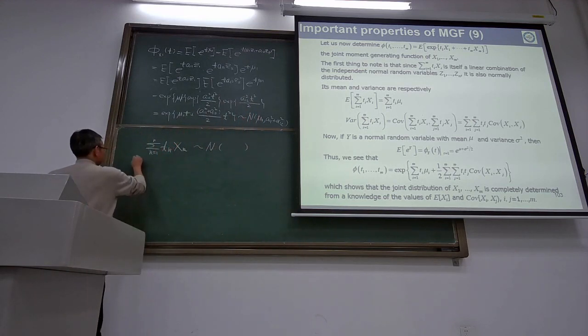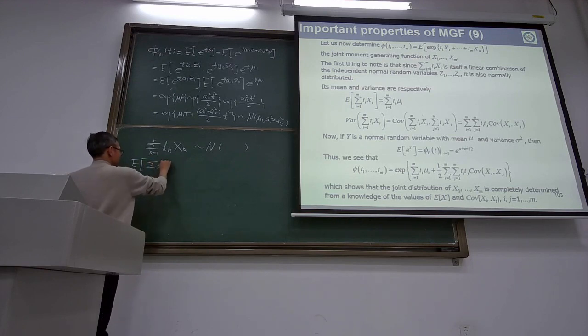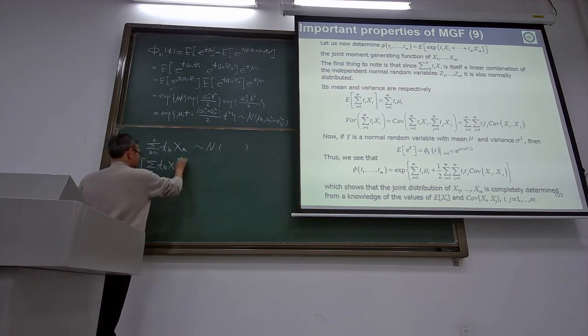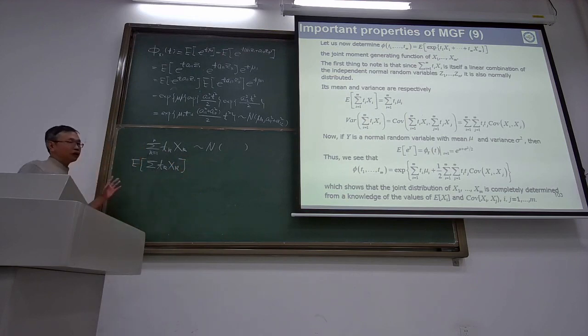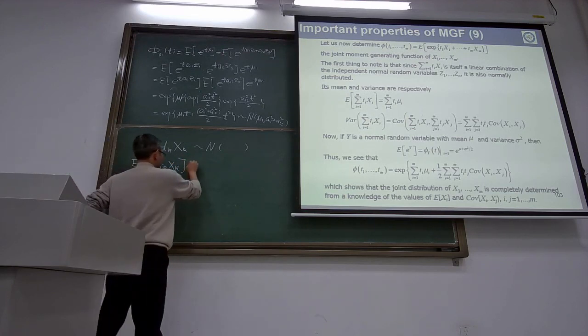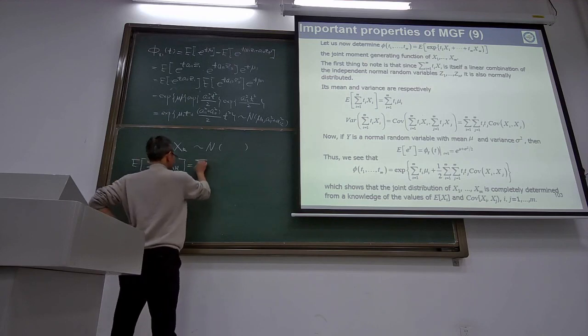To find the expectation, because it is a linear combination, we can change the order.